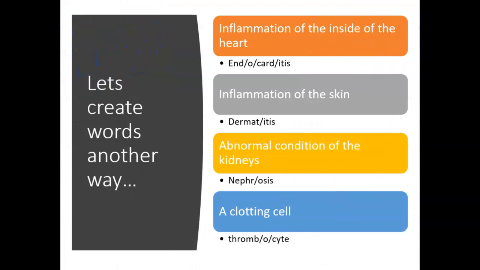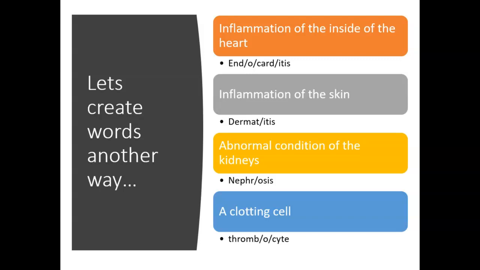Now, you may have to create words another way. You may have to create that medical term from its English meaning. The doctor could write on the chart, inflammation inside the heart. This is where knowledge of our word parts comes in handy.